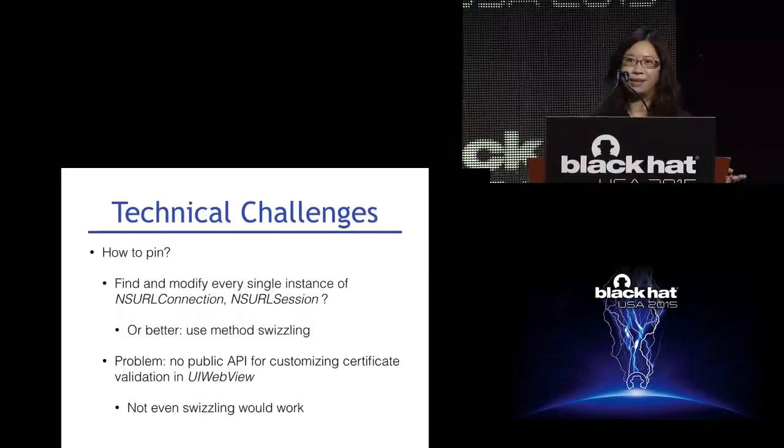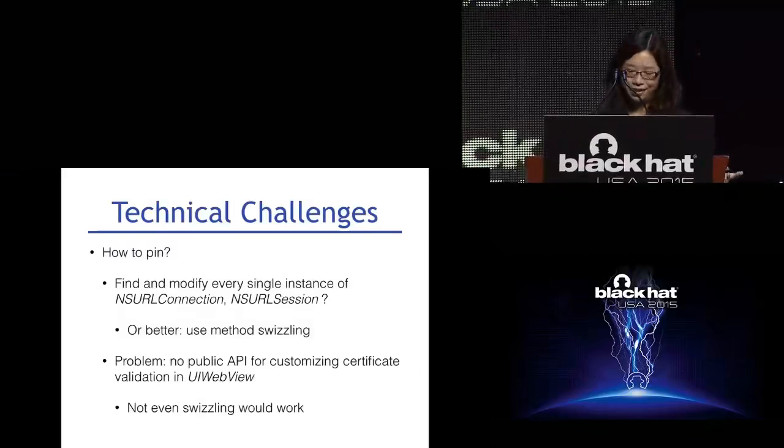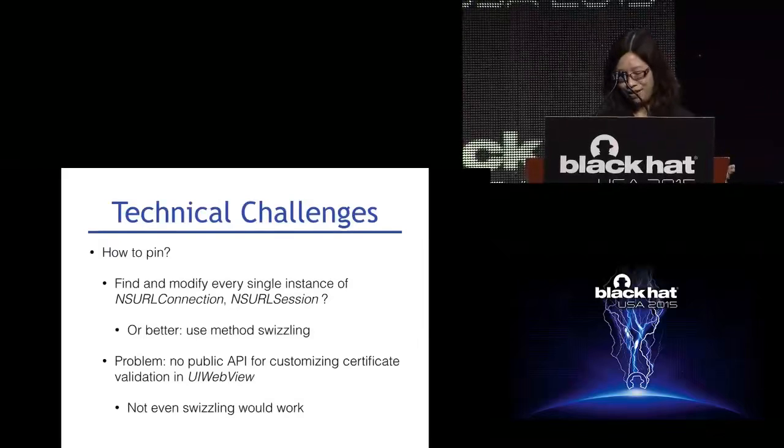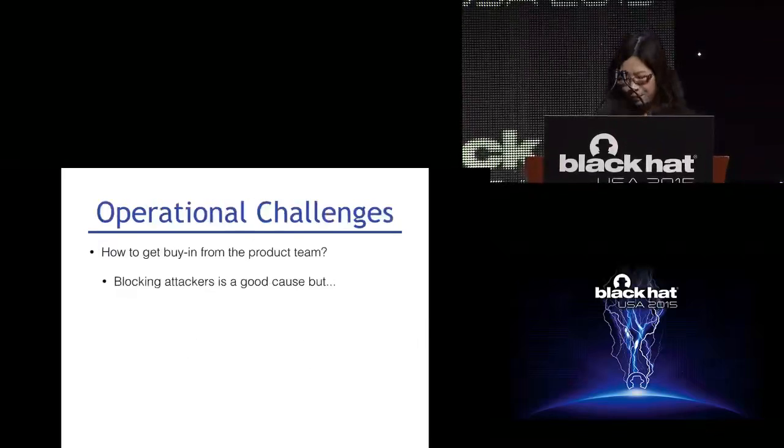That is until I hit another problem: UIWebView is not using NSURLConnection or NSURLSession, and therefore method swizzling would not work. So we need to intercept the code at an even lower level.